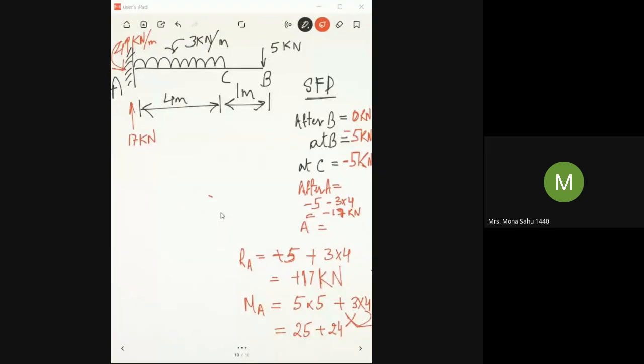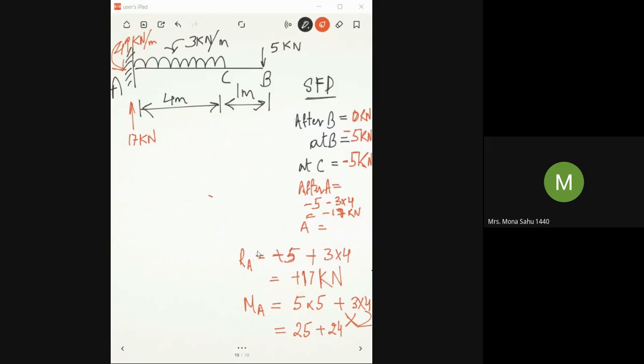So if you see my screen now, are you able to see my screen? Yes, ma'am. This is the diagram. First step is to find out the reaction forces. The reaction force is 17 kilonewton and 49 kilonewton meter. For SFD, these are the calculations.